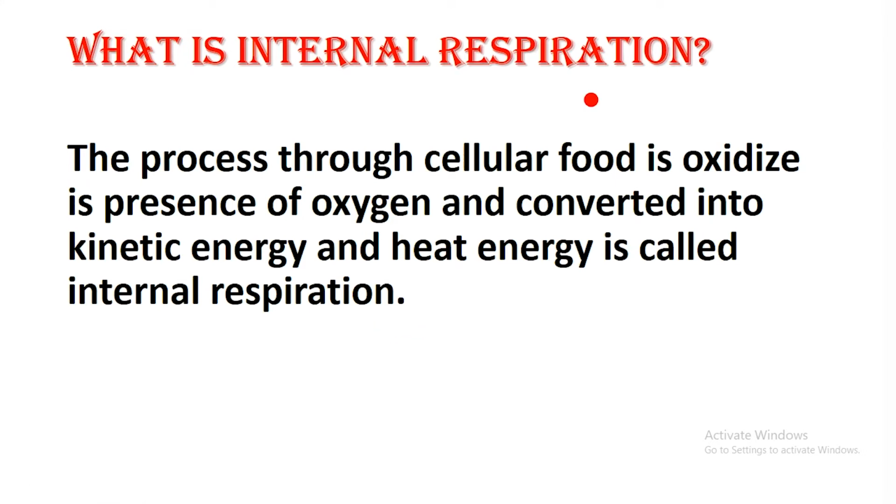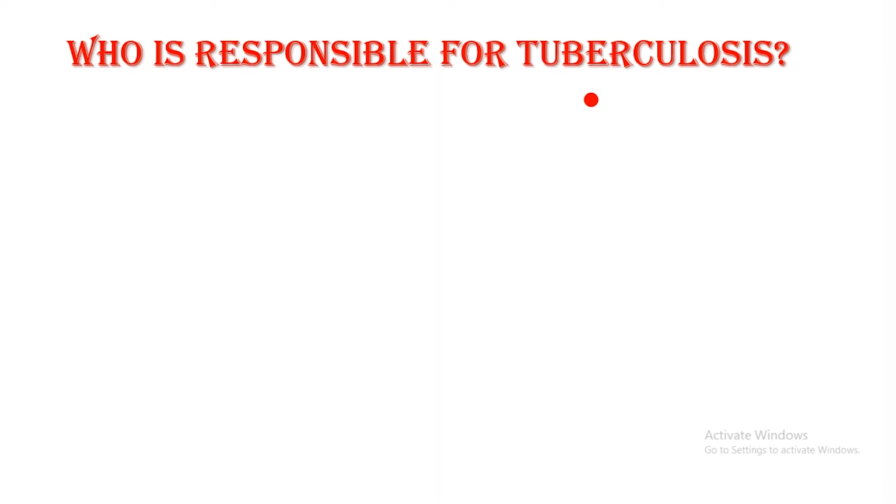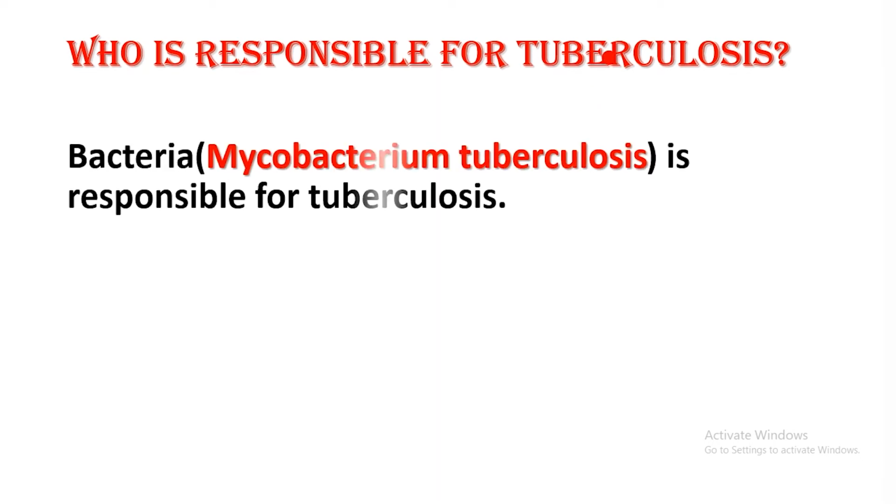Now I am going to discuss our next question, which is who is responsible for tuberculosis. Here is the answer. It is a kind of bacteria. So we have to write bacteria is responsible for tuberculosis disease.